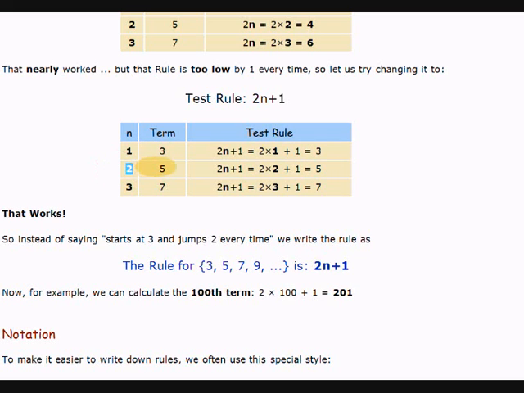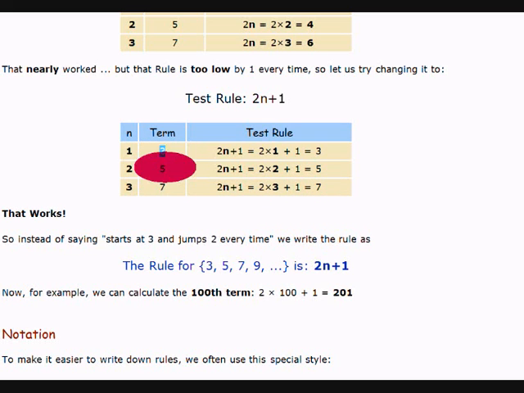The second term, if you apply the formula 2n plus 1, or you can call it the test rule, is 2 into 2 plus 1. You see I'm substituting n with the term or element position. We get the value now. So look, for the third term, we get 7. So it matches the term.